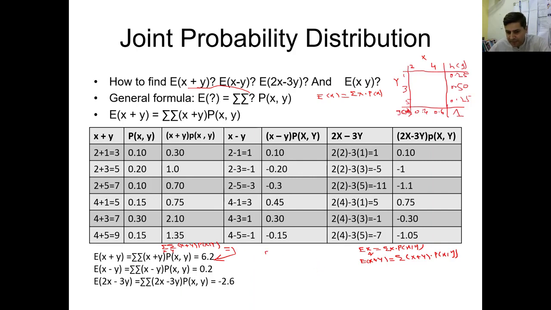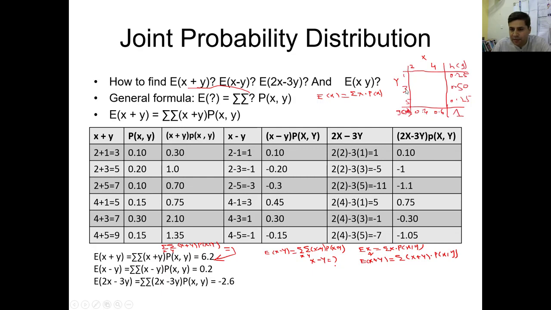Now E of x minus y. So how you will write this? Double summation, x minus y, into p, their joint probabilities. So first of all we need to calculate x minus y. How we will calculate? Very simple. When x is equal to 2 and y is equal to 1, 2 minus 1 is equal to 1.